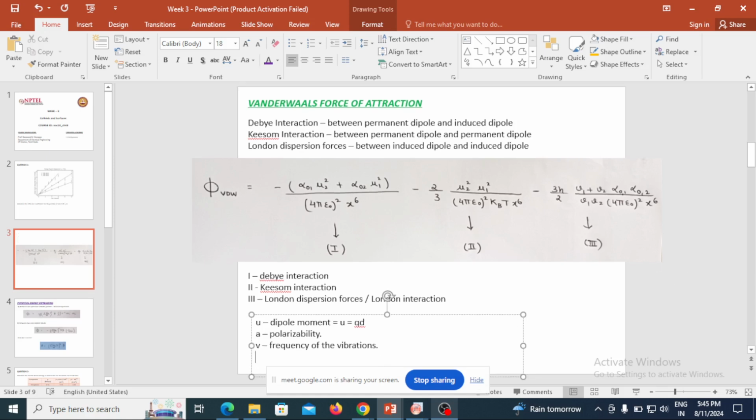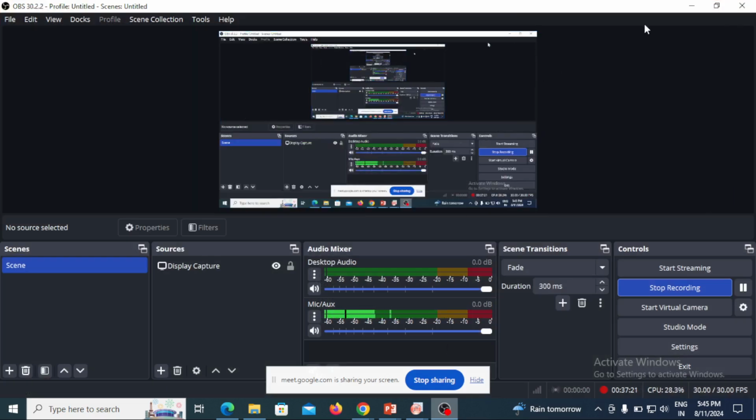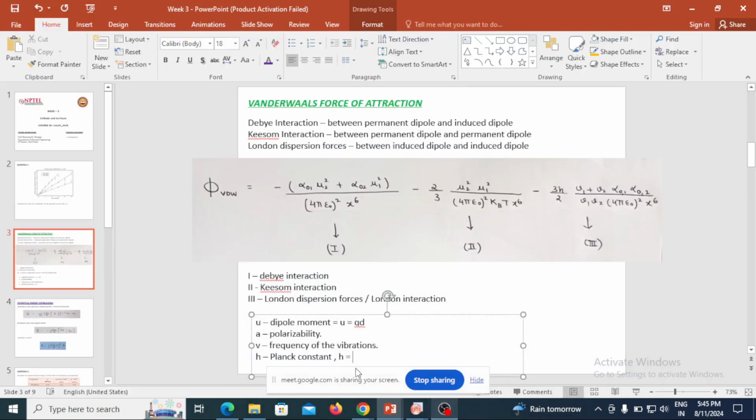and h is nothing but Planck's constant. Does anyone know the value of Planck's constant, h? What is the value of h? Yes, you guys know it.